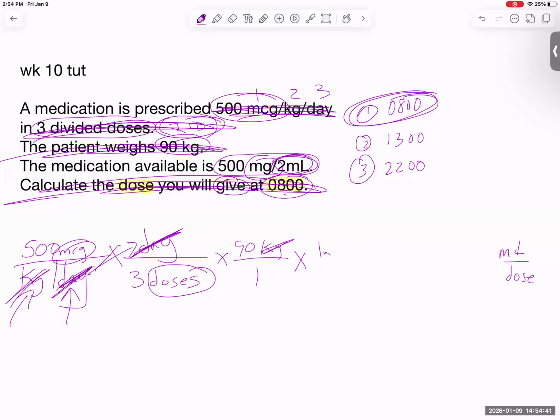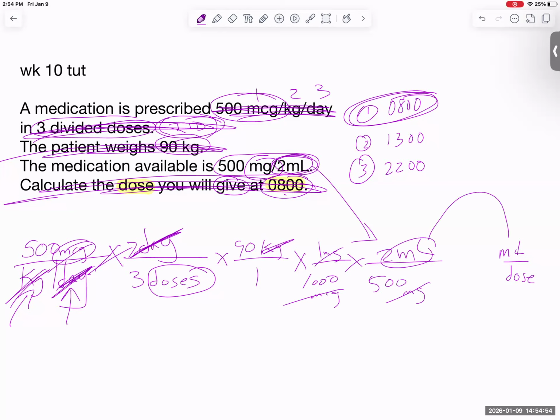So 1 milligram is 1,000 micrograms. And to get rid of the milligrams, I'm going to use my concentration. And that leaves me exactly what I need. It's when you have to do these conversions that people get confused. That's why I like to use the given and the wanted. If I know where I'm starting and where I'm ending, and I just cross off as I go along, you can get to the right answer in the setup properly.